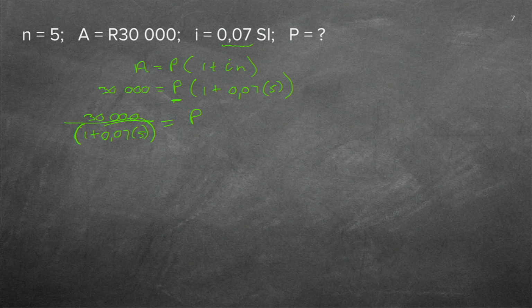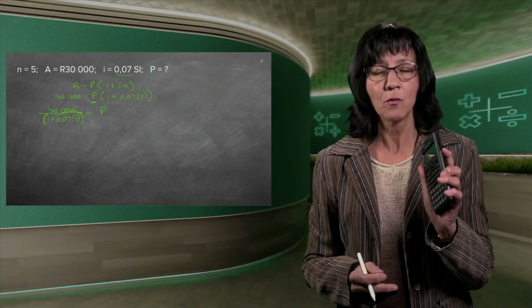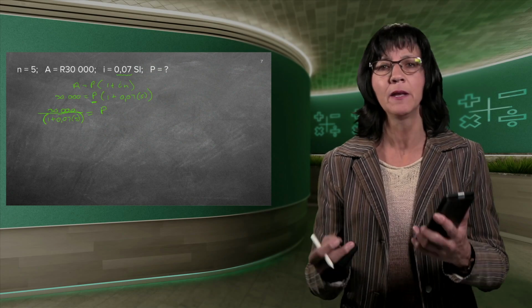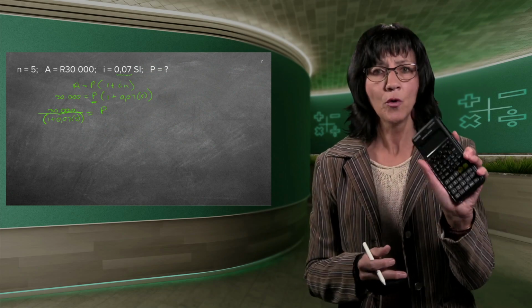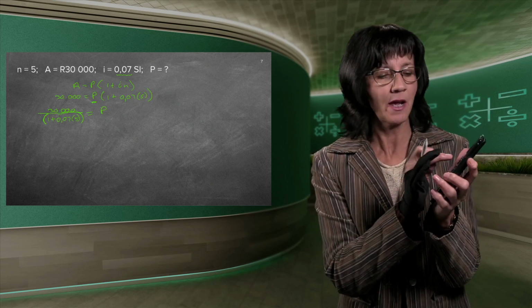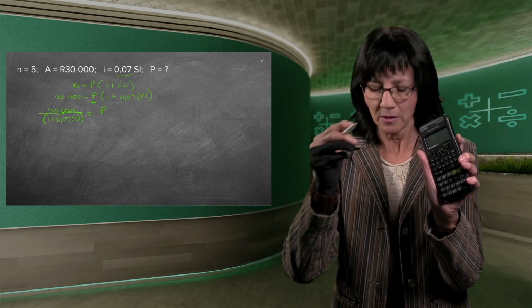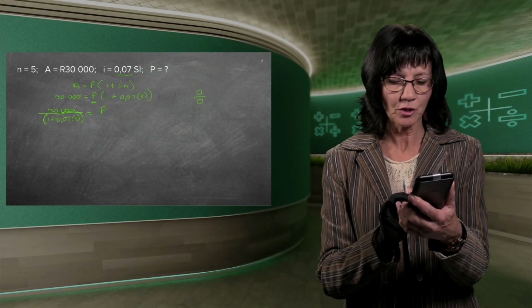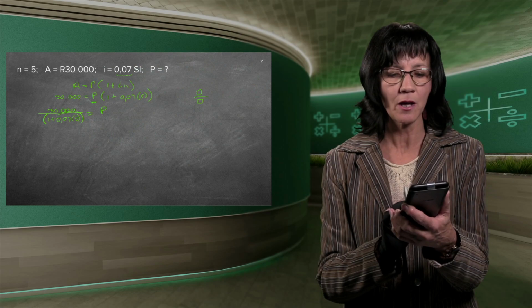So now you've got your P all alone, and all you need to do, you grab your calculator. Now again, I want to show you, there's different ways of doing it. You can say 30,000 divided by, and then slot in the bracket. Or you can just press the fraction button. It's right on the left-hand side, the second one from the top. It's a little block over a little block. If you press that, it's already on the top, 30,000.